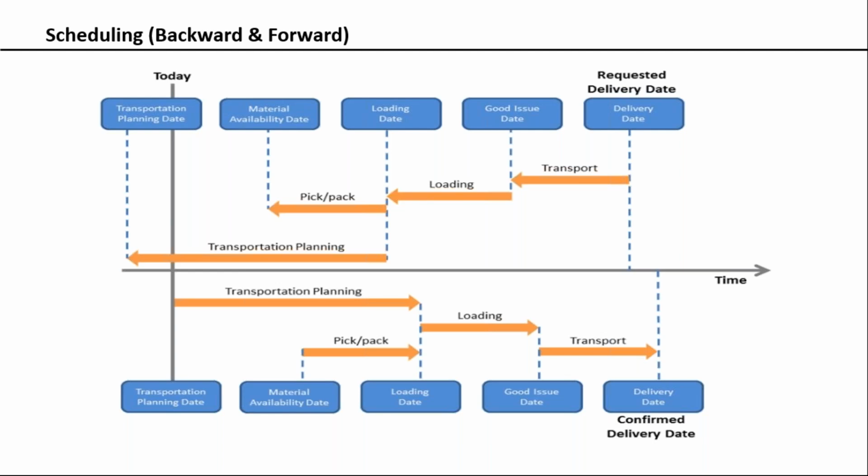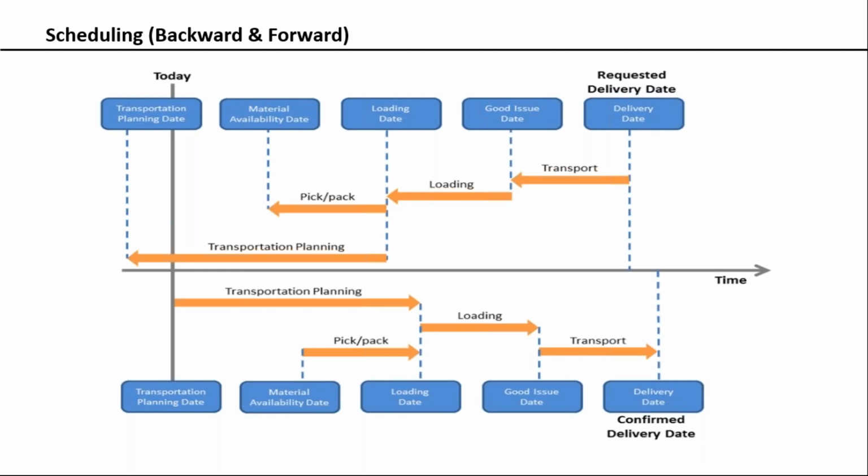When you're creating a sales order by entering the requested delivery date, material and quantity, the system will first consider your pick pack time, transit time, and loading time. Then the system will calculate backwards to determine the material availability date, whether inventory is available or not.